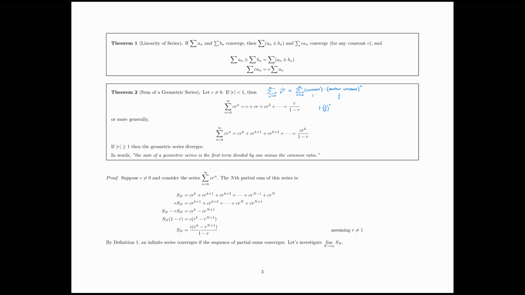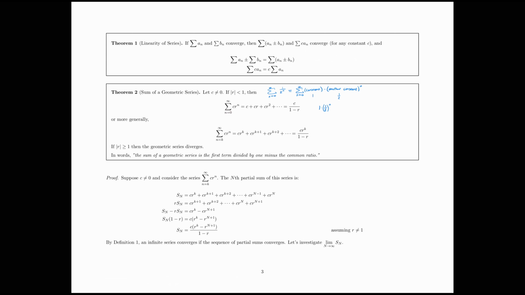Whenever your series can be written in this format of a constant times another constant raised to the nth power, we classify that, we name that a geometric series. So a geometric series does converge. Specifically, it converges to c over 1 minus r, but this is specifically when we start with n, the initial value of the index, being 0.